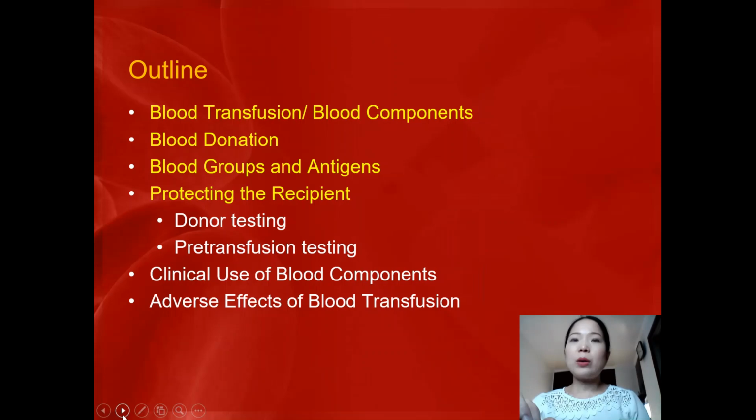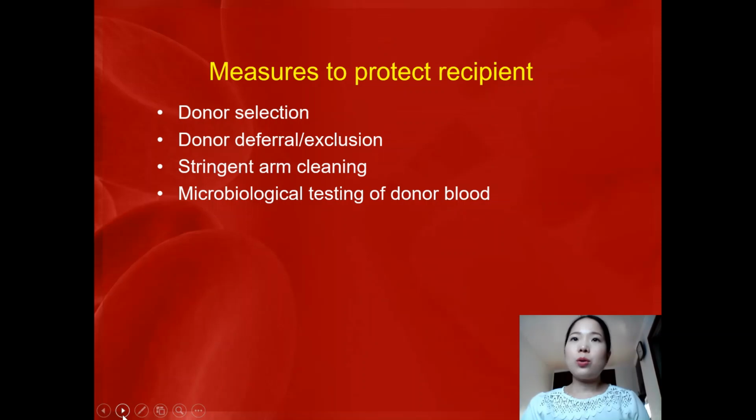So the next outline would be how to protect the recipient. So these are our measures to protect the recipient. First, you should do donor selection and of course do donor deferral or exclusion if the patient does not meet the requirements that are seen in the list of the Philippine National Red Cross.